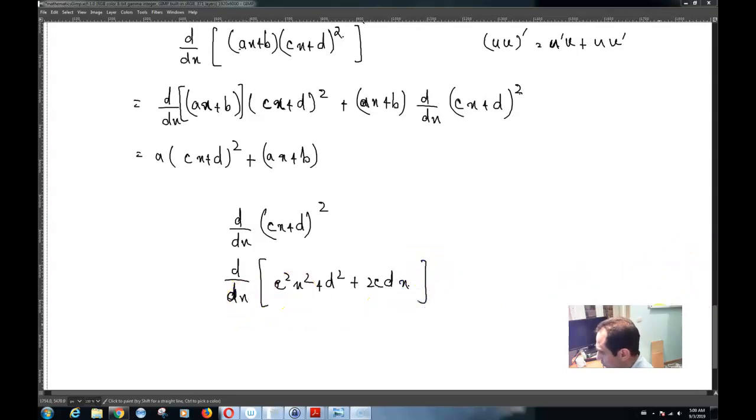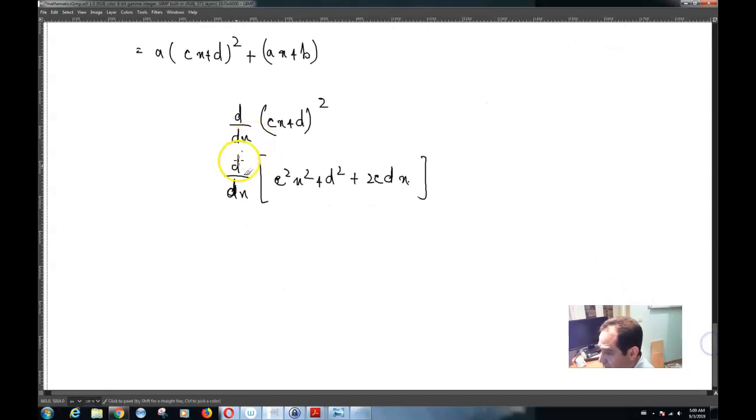And of course you know that d by dx of this function is equal to d by dx of c squared x squared plus d by dx of d squared plus d by dx of 2cdx.